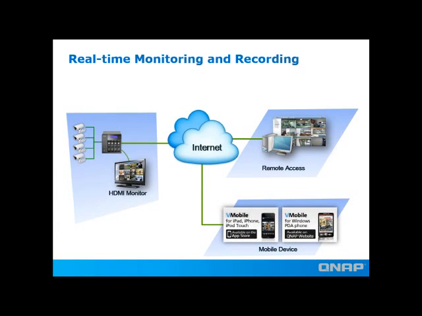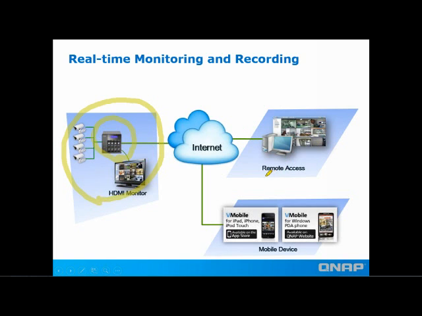In essence, the screen right now shows a normal deployment for a QNAP device, which is sitting right here. This is how your network topology is going to look. On the local side, on the site, you have your IP cameras. And you can also hook it up like a DVR with the HDMI monitor.